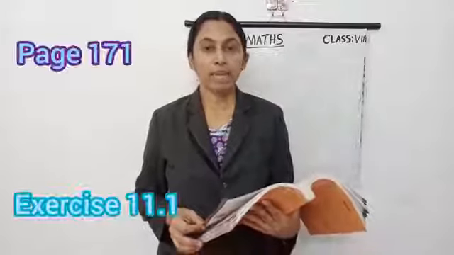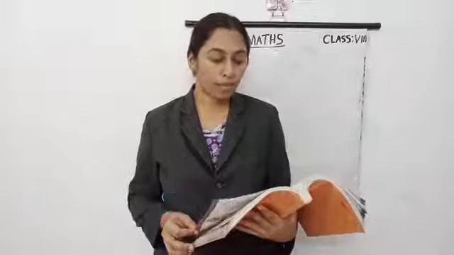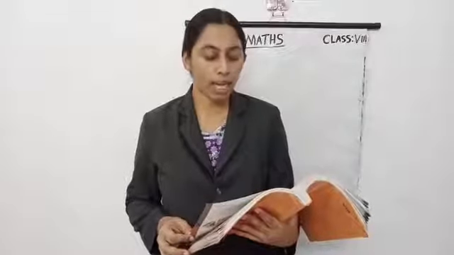So take your textbook, page 171, exercise 11.1. First question, listen carefully. A square and a rectangular field with measurements as given in the figure have the same perimeter. Which field has a larger area?